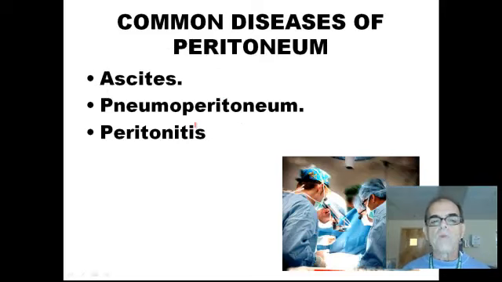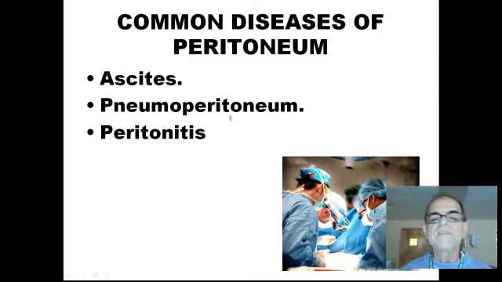Common disease of the peritoneum: ascites. Ascites is free fluid in the peritoneal cavity. Very easy to see with ultrasound when it's big. When it's little, there are some places that are more common for peritoneal fluid or ascites.